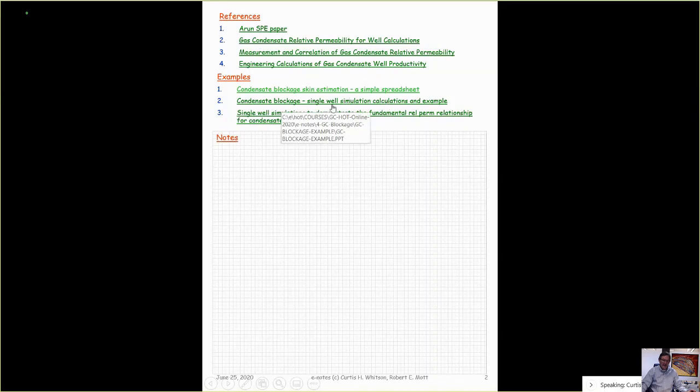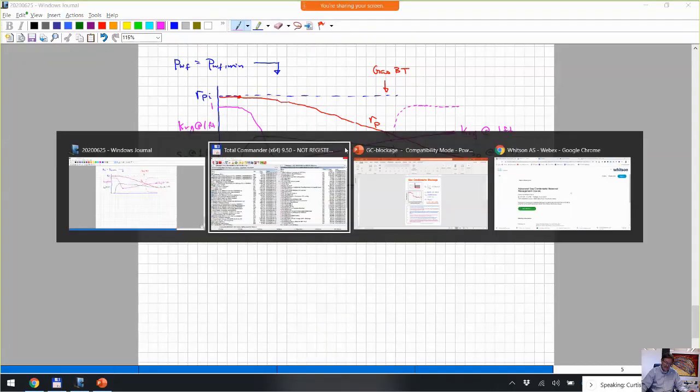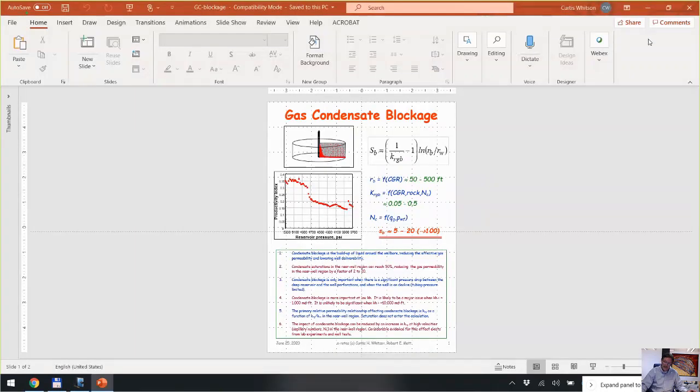These are also given in the GC rate e-note, which I'll actually use instead. It's the same example.